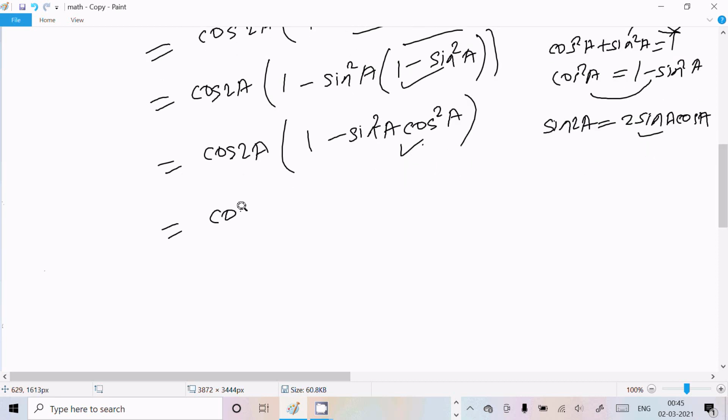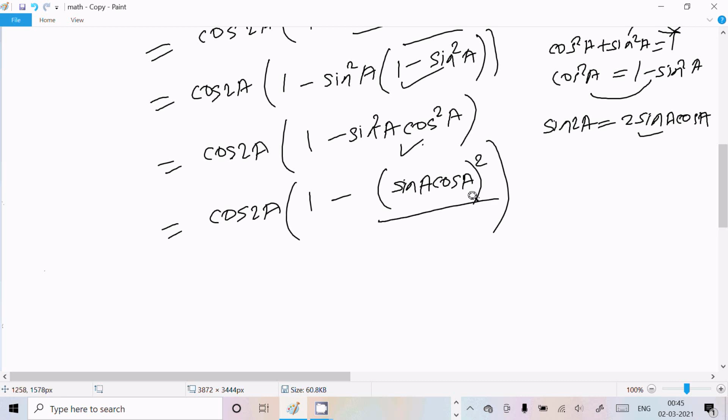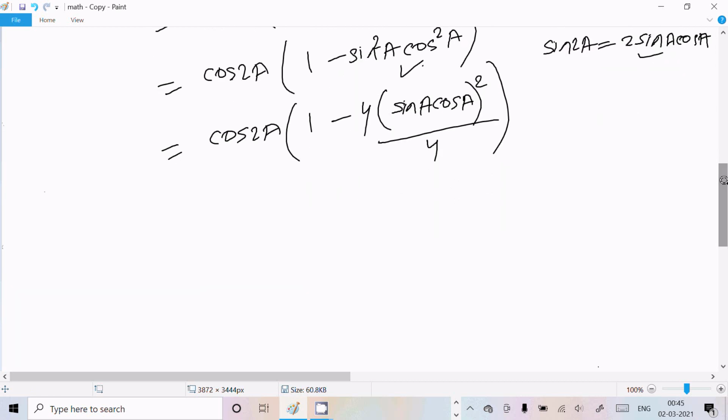So here write cos 2a times 1, and in this place we can write (sin a into cos a) whole squared. Now if I write 4 here, that is (2a)^2, that is 4 squared, so cos 2a, now hereafter 1, so 4 we can write (2a)^2, so a square also there.